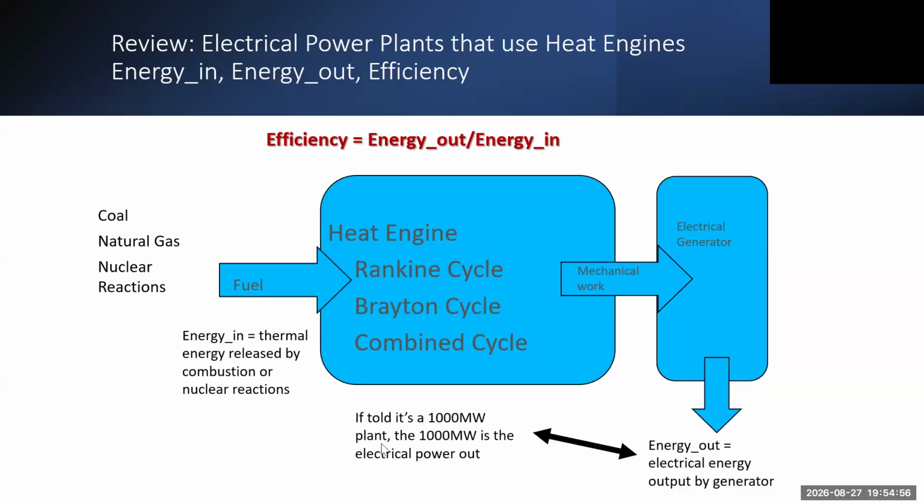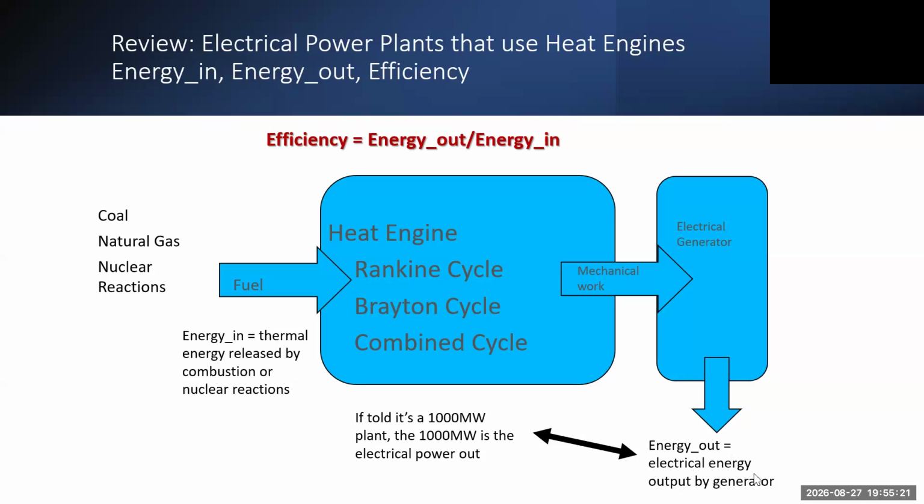And also, if I tell you that a plant is, for example, a 1,000 megawatt plant, the 1,000 megawatt is the full capacity power output, and it is the full capacity electrical energy power output. So don't get confused and think that the 1,000 megawatt power plant has 1,000 megawatts of thermal energy in.